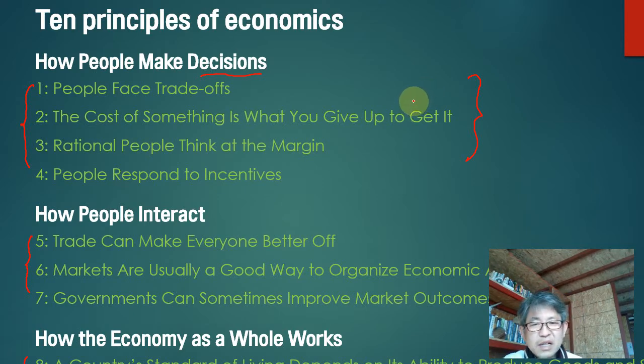So to study economy is to build your ability to detect and evaluate the actions of government, meaning whether the government policy is workable or not.